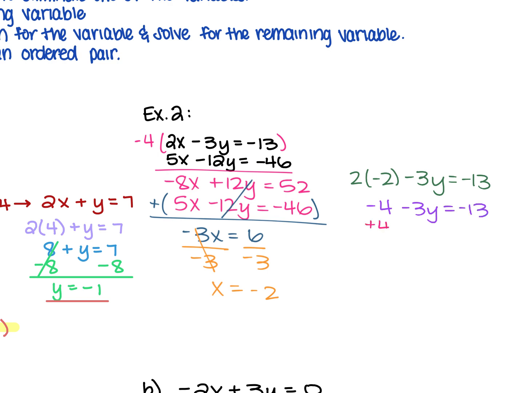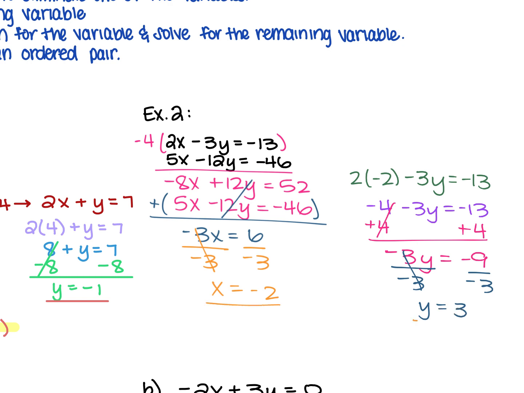We move the 4 over by adding it to both sides. We get -3y is equal to -9. Divide each side by the -3, and we have that y is 3. So if x is -2 and y is 3, that's the ordered pair -2, 3.